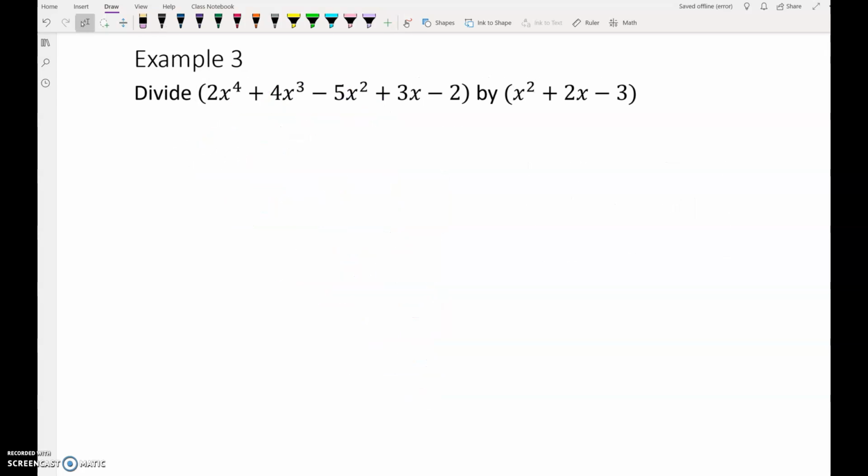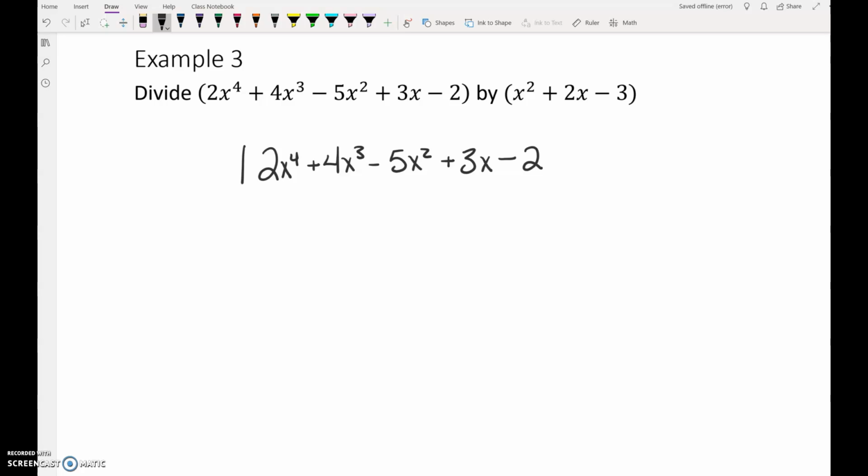Example 3 is a little bit different because you're dividing by a trinomial instead of dividing by a binomial. We still start this the same way. We've got 2x to the 4th plus 4x to the 3rd minus 5x squared plus 3x minus 2. As I'm writing those, I'm making sure that since we started with x to the 4th, that we have x to the 3rd, x squared, x, and a number.